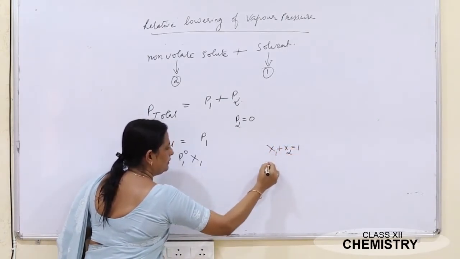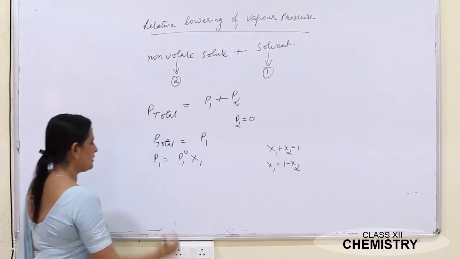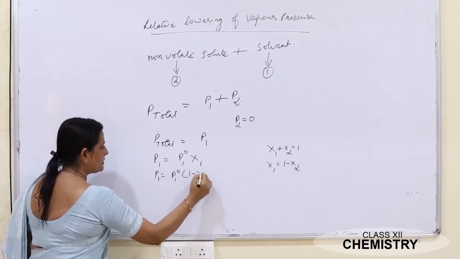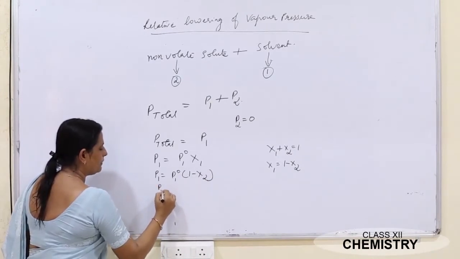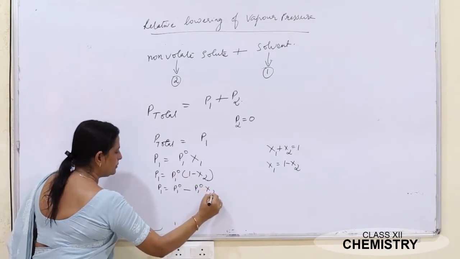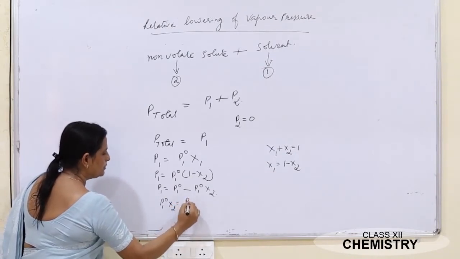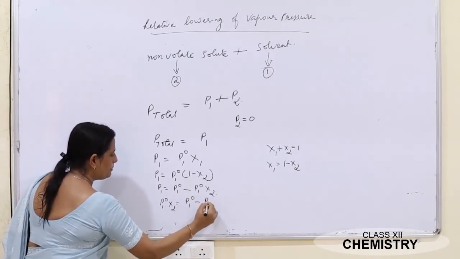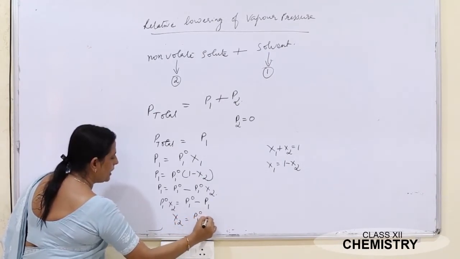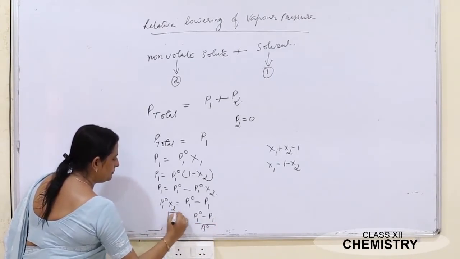Hence we can write P1 is equal to P1 naught x1, and we know x1 plus x2 is equal to 1, or x1 is equal to 1 minus x2. So in this equation you can write P1 is equal to P1 naught into 1 minus x2, or P1 is equal to P1 naught minus P1 naught x2, or P1 naught x2 is equal to P1 naught minus P1, or x2 is equal to P1 naught minus P1 by P1 naught.